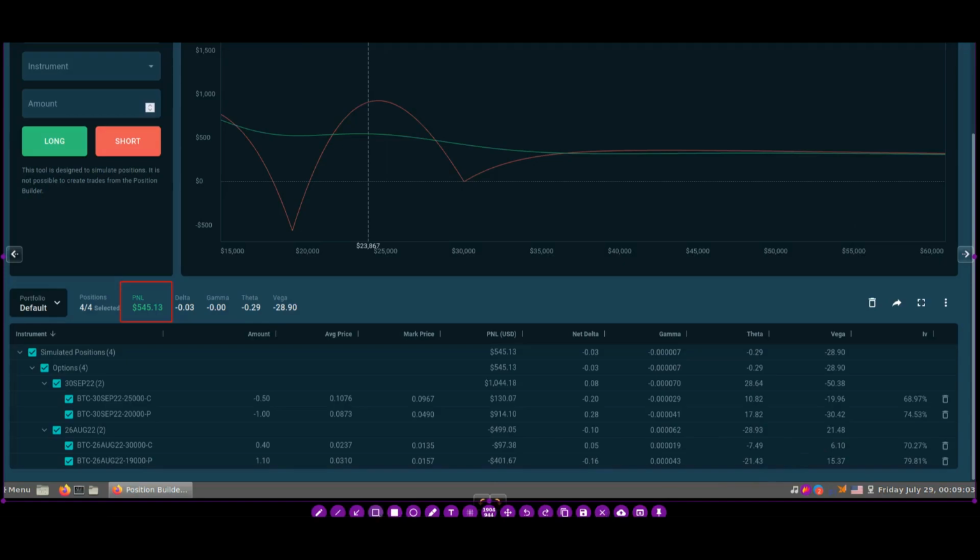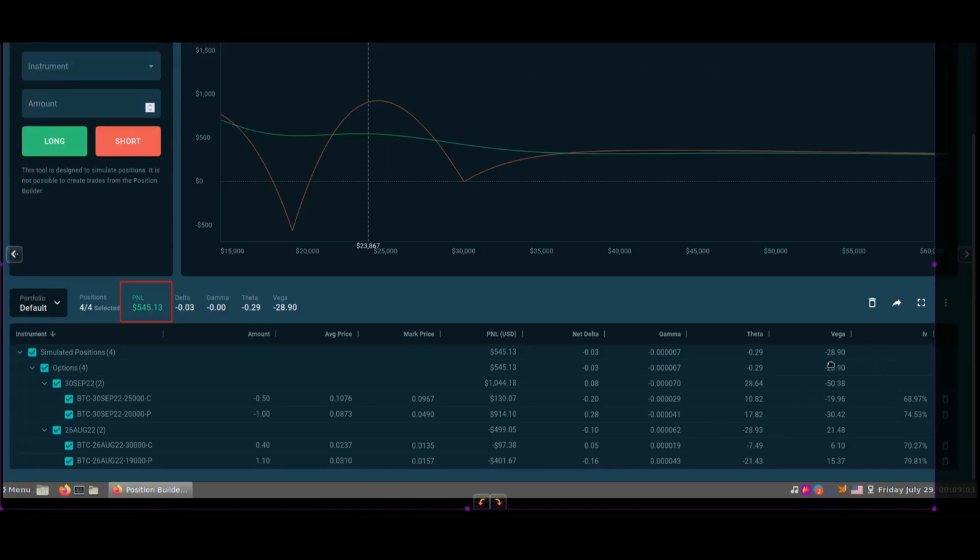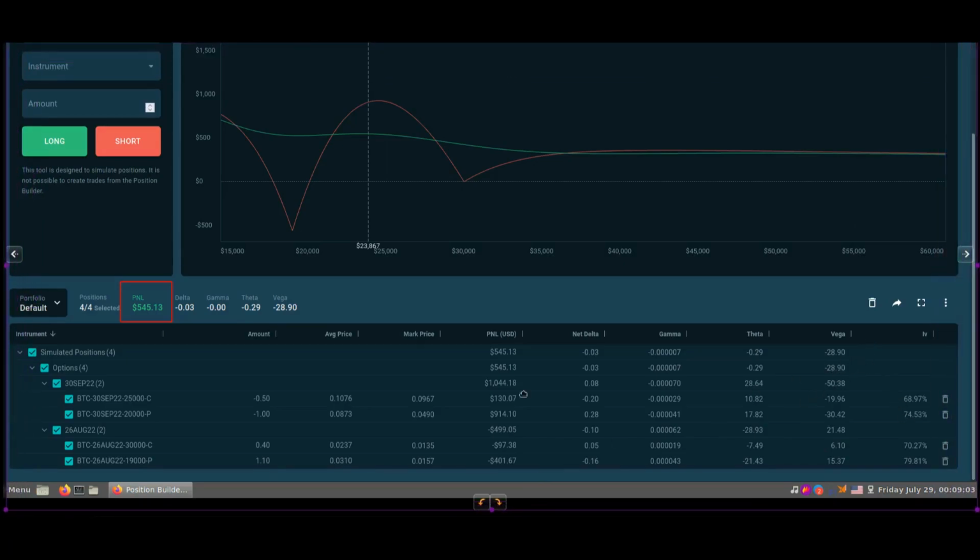Because of volatility, because volatility got down. Take a look at the values. Okay, moving next.